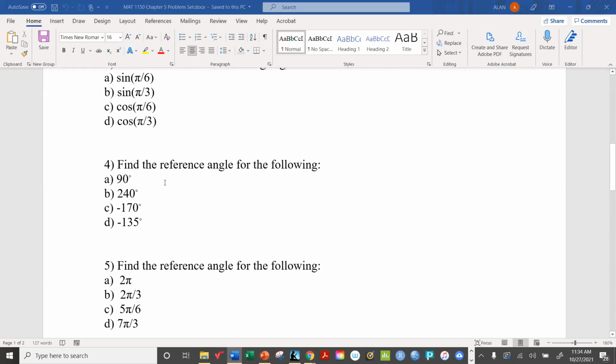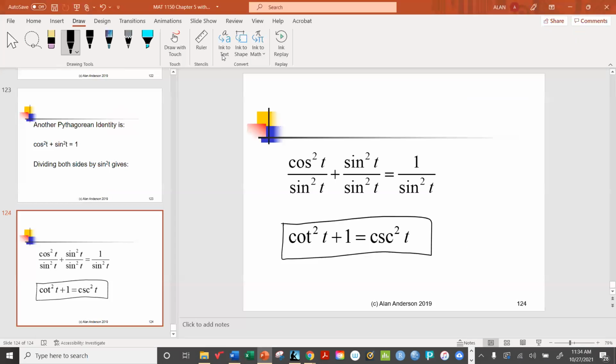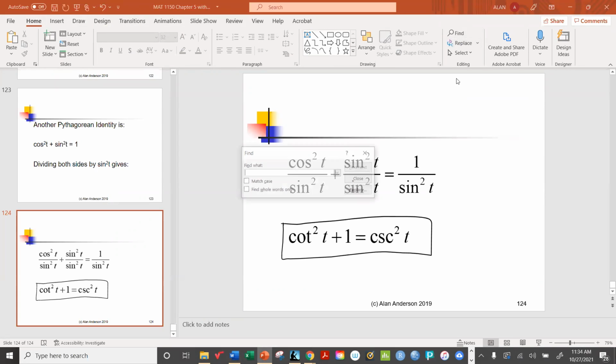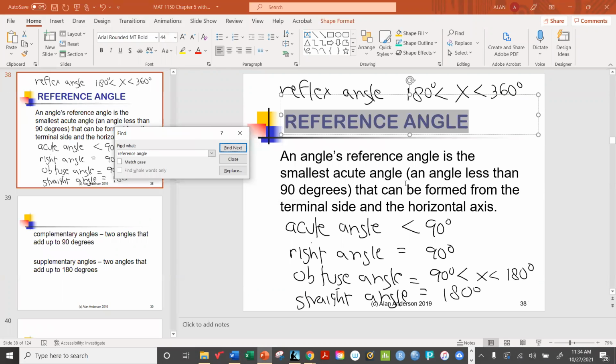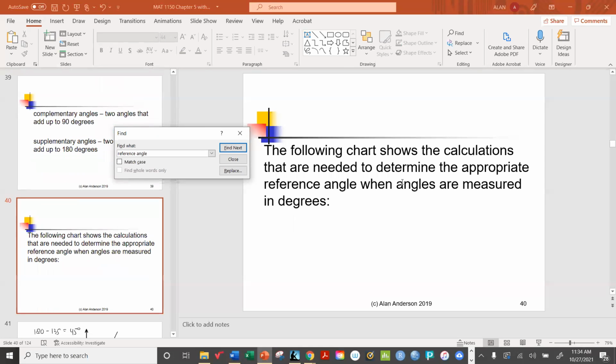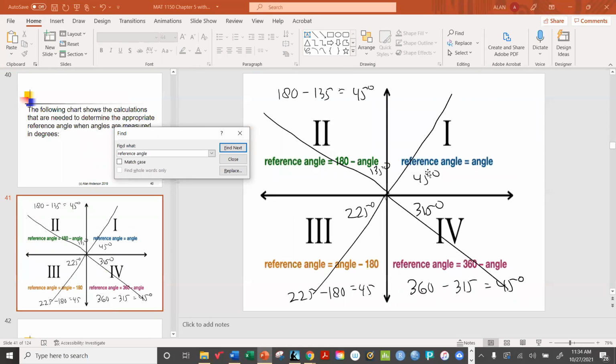Reference angles, remember what that means. Let's go find them again. The reference angle is the smallest acute angle that can be formed with the terminal side and the horizontal axis. Oh, here we go. Yes, we definitely did this.